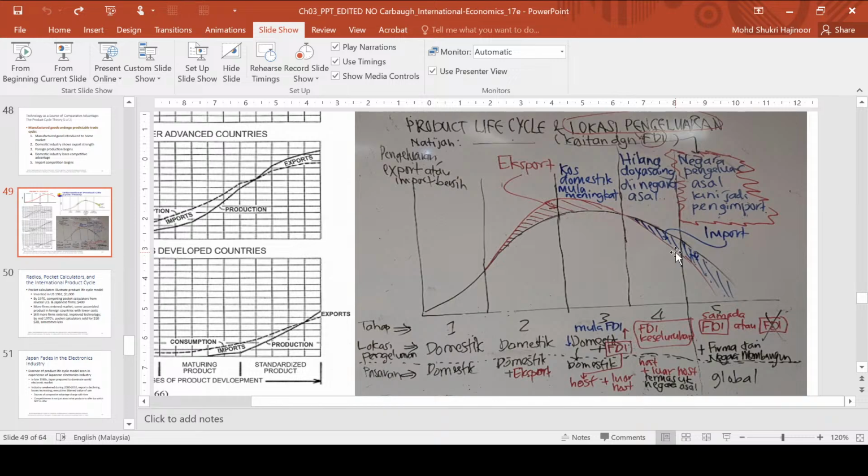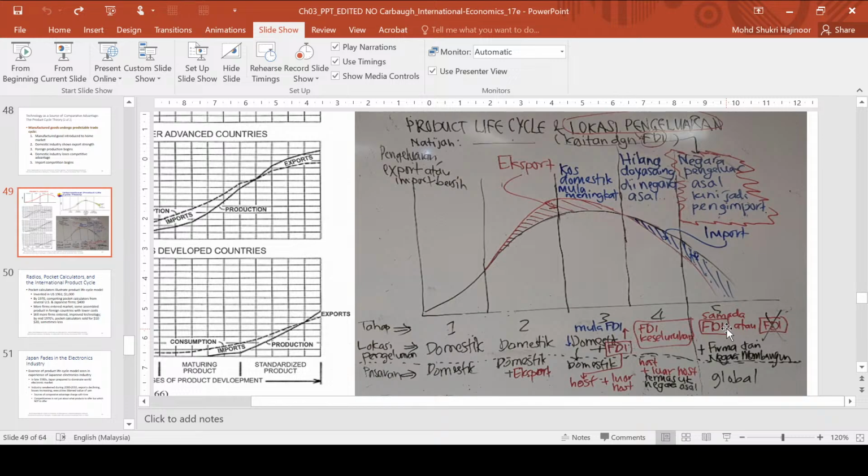So whether FDI or no FDI, now firms from developing countries, Malaysian firms, now produce TV.